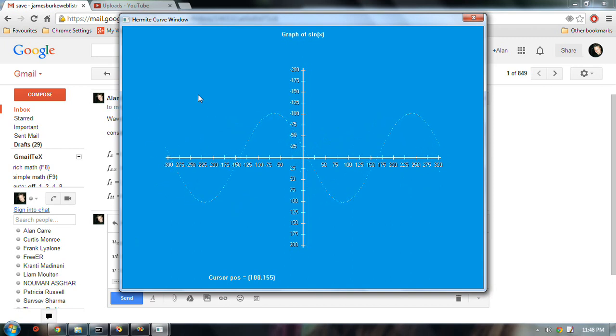So the next thing I want to tell you about is these Hermite curves. I'll get to that next time. The Hermite curves are so important that really everyone should know about them, and it's really not very complicated once you look at it.